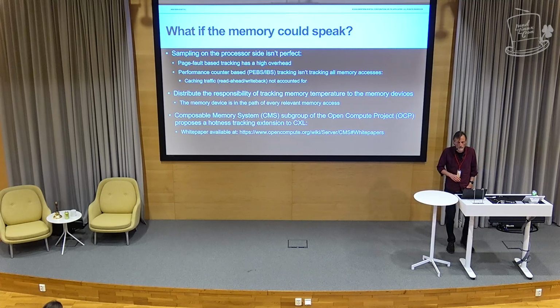The same for the data access monitor, for a daemon. You can also use performance counters like the processor event-based sampling or instruction-based sampling for Intel and AMD. They also come with some problems because they're processor-centric. So they don't necessarily account for the traffic. They don't see prefetch. They don't see writebacks from cache.